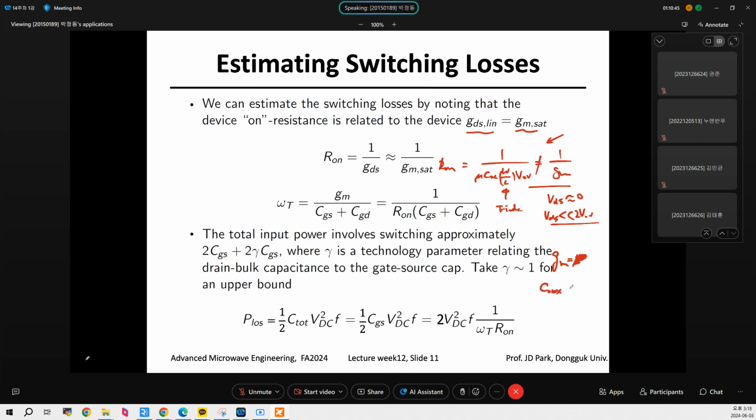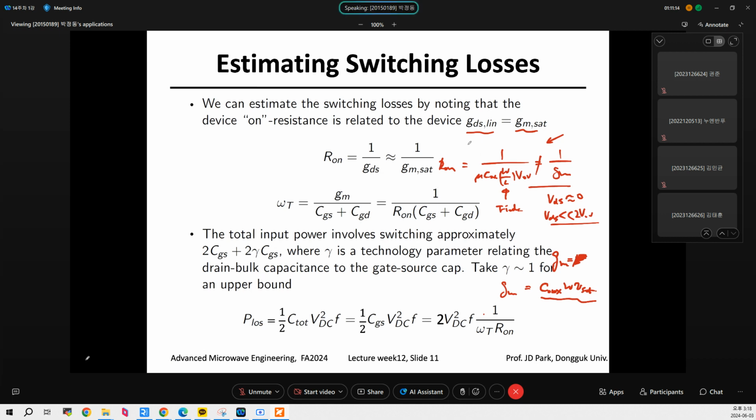Cox, and W, and V set, which is directly proportional to this, which has nothing to do with length.